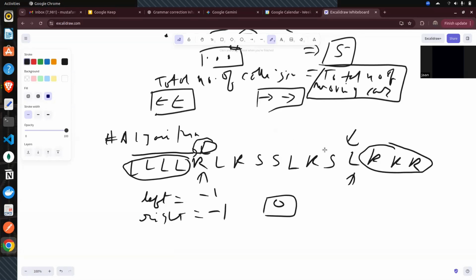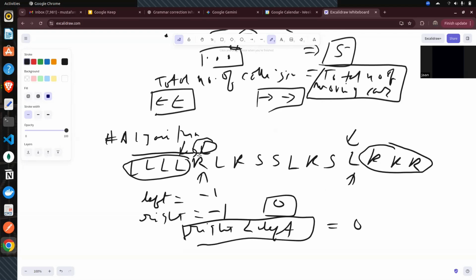If right is less than left, then the answer is also 0. In all other cases, the answer will be the number of L or R cars, not S, like all the cars with L or R notation.